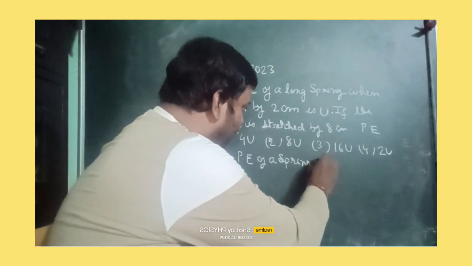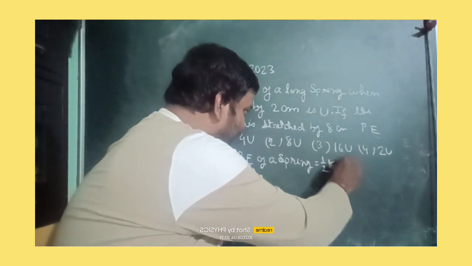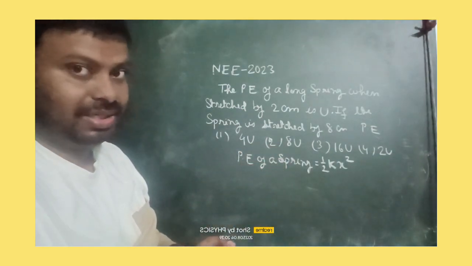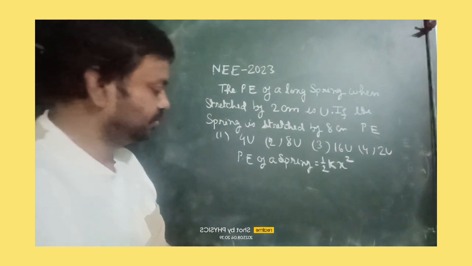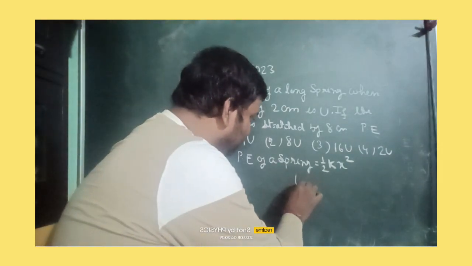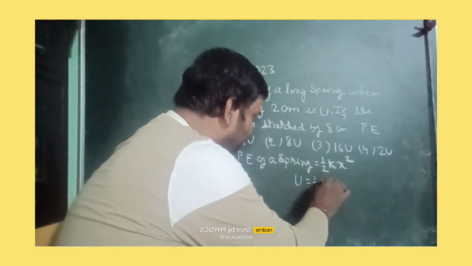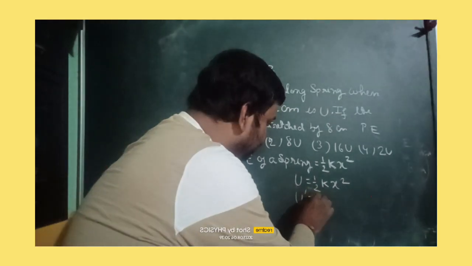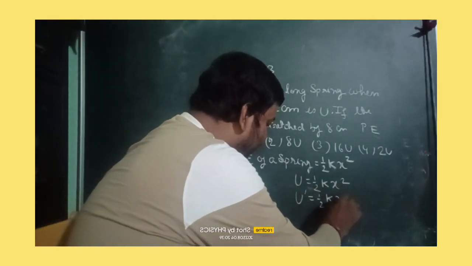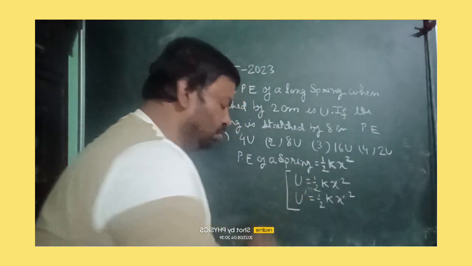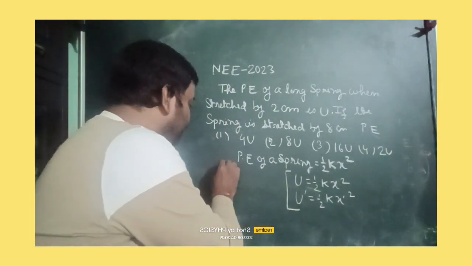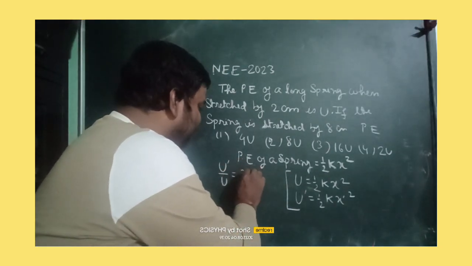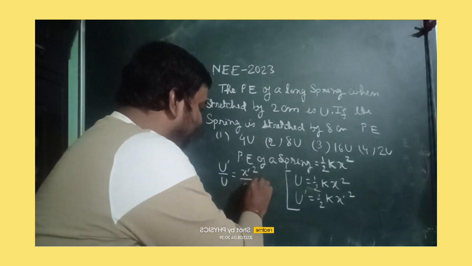The potential energy of a spring is half k x square. Here k is the spring constant and x is the displacement of the stretch of the spring. Let us consider it as U, U equals half k x square. And consider its final potential energy U dash, half k x dash square. Now taking the ratio, U dash by U is equal to x dash square by x square.